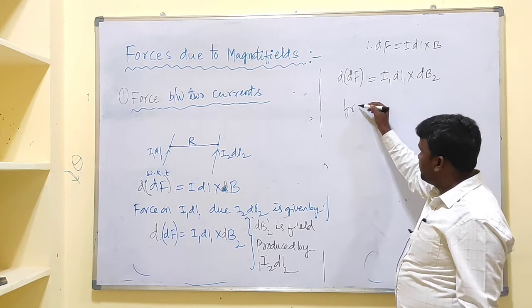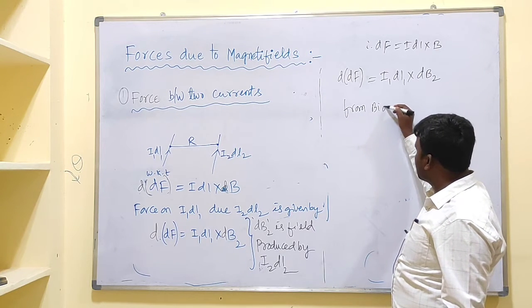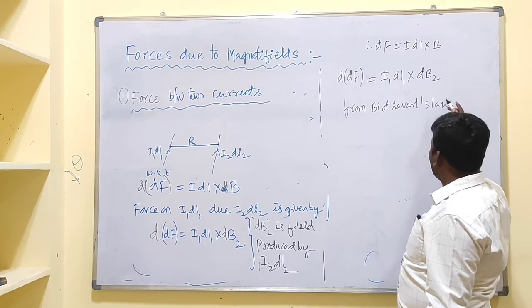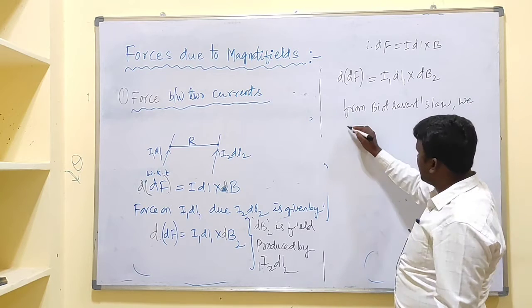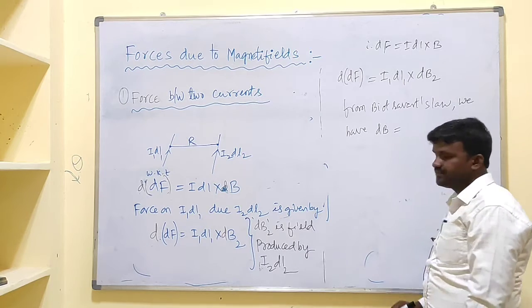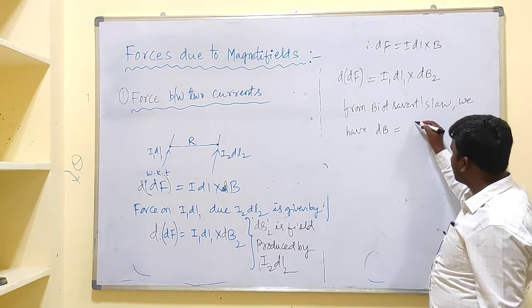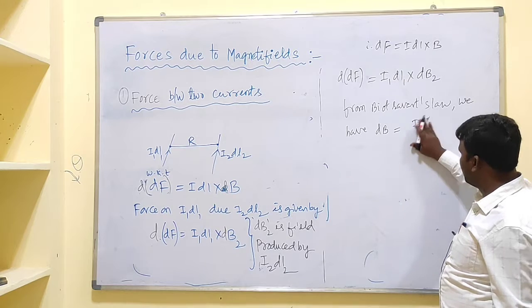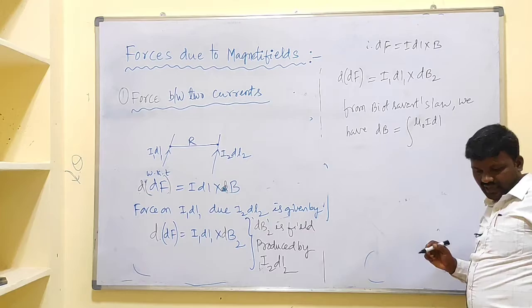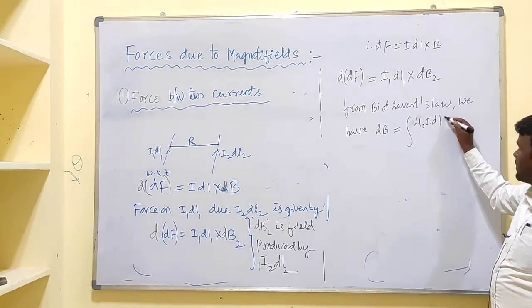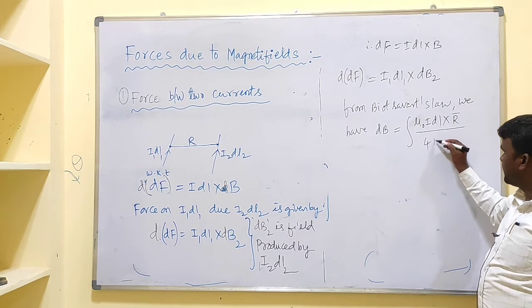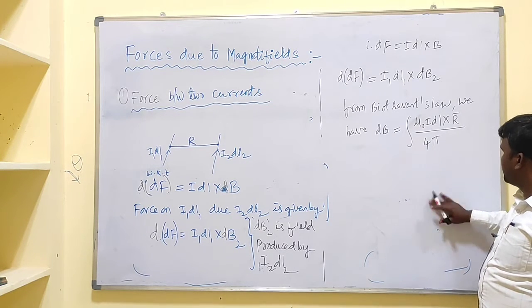From Biot-Savart's law, we have dB2, or else dB, equal to mu naught I dl cross r bar by 4 pi r cube.